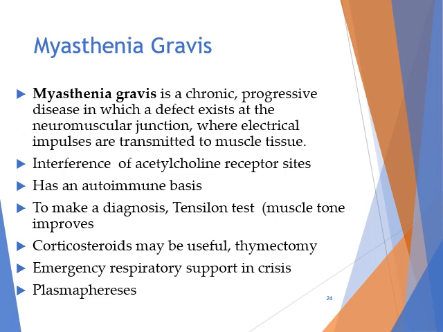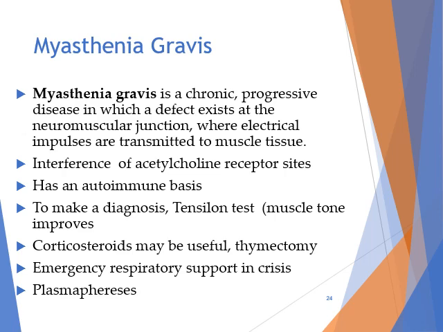So myasthenia gravis is a chronic progressive disease in which a defect exists at the neuromuscular junction where electrical impulses are transmitted to muscle. So you can see what's going to be triggered first. The muscle is going to be affected by this neuromuscular disorder. So there's interference of acetylcholine receptor sites. They think it has an autoimmune basis, so it could be an autoimmune type of disease.